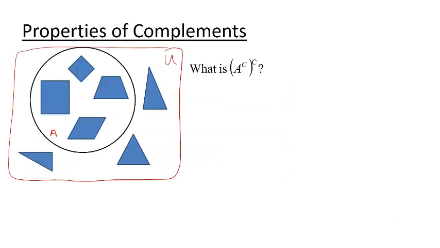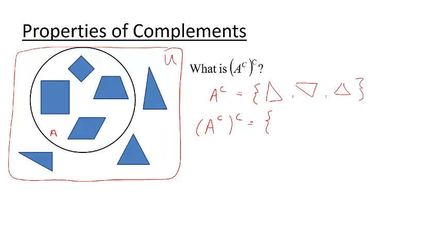Next, let's try to figure out what happens if we do an absolute complement twice to the same set. So first, let's find the absolute complement of A. And that should consist of the 3 triangles that are outside of our set A. Now next, the absolute complement of this set is going to be all of the elements inside of U that aren't these 3 triangles.